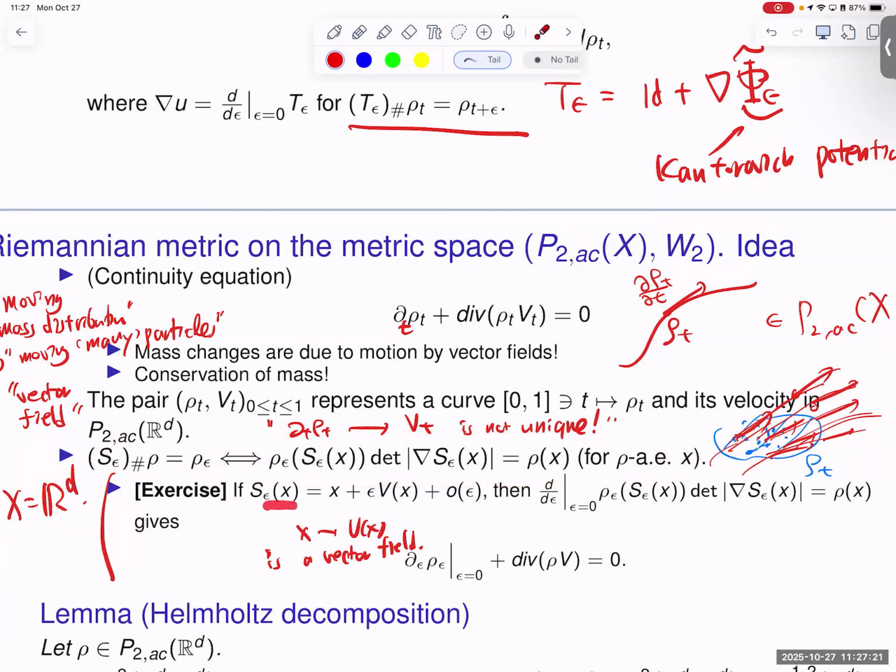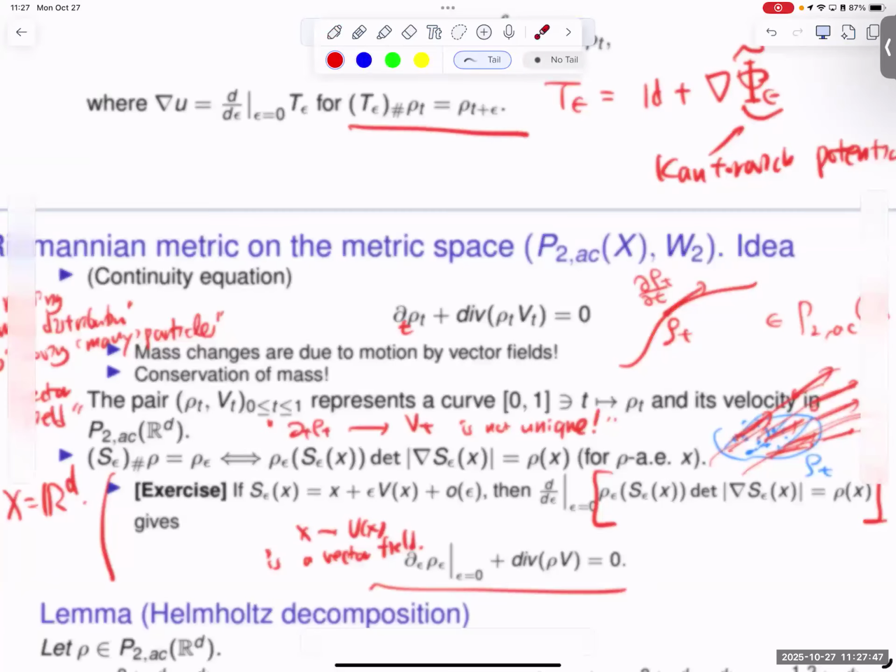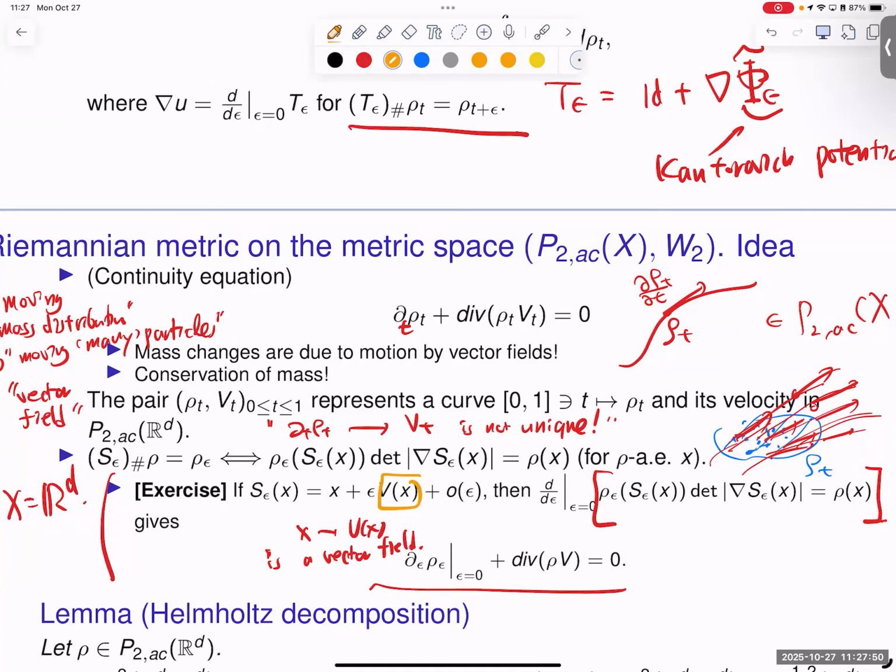But now, when the map is given by this perturbative identity, and you differentiate this in epsilon, the whole equation, okay, I forgot parentheses here. If you differentiate that in epsilon, then the result will be the continuity equation, where this vector field is the same thing.